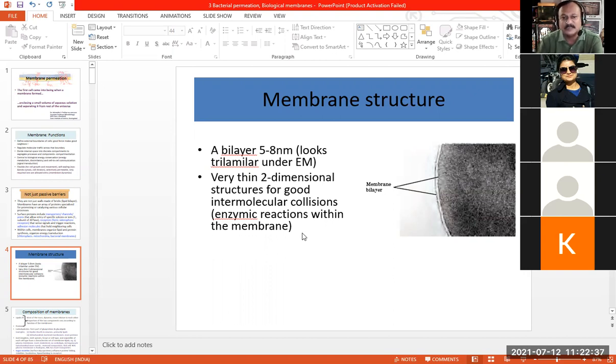Even the ATP synthase enzyme that we have seen has a nanometric dimension, and the flagellar motor in bacteria is also in the nanometric dimension. Because of that kind of dimension, these molecules have very interesting properties, and therefore they are functional molecules in biological cells. Similarly, the structure of the membrane is also very thin, in the range of 5 to 8 nanometers, and it has interesting properties which we are going to study.